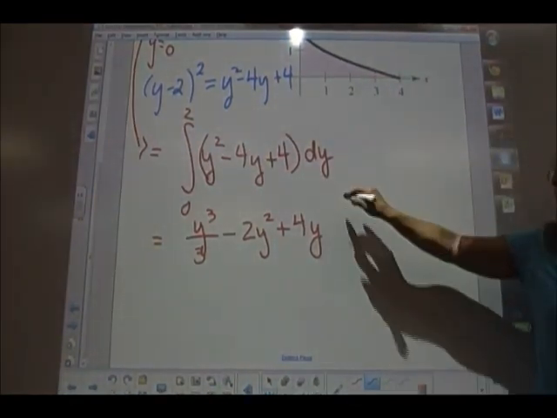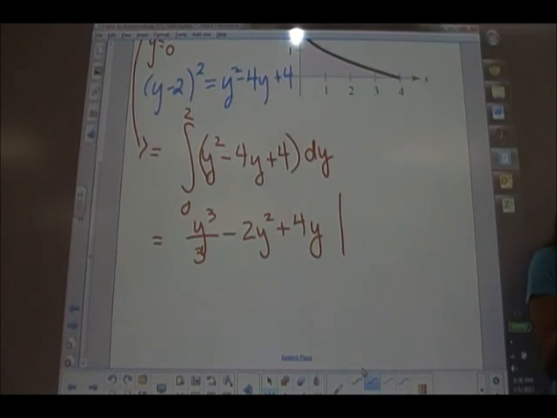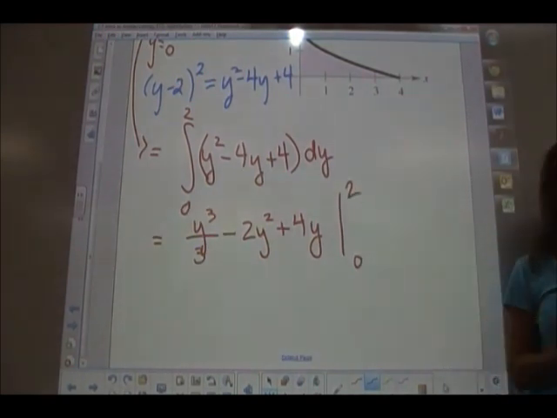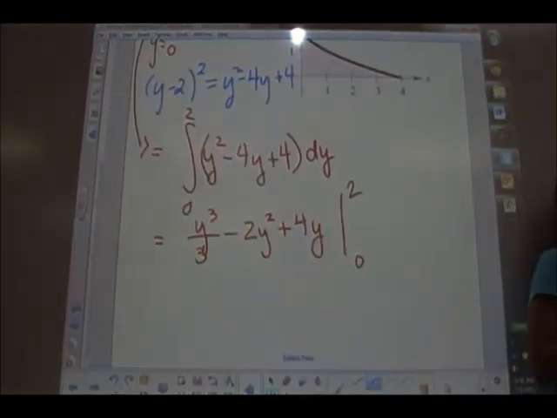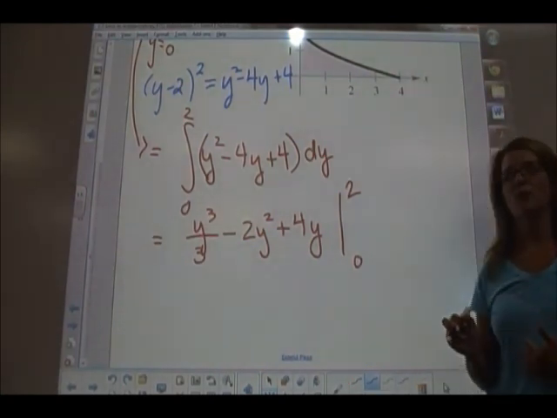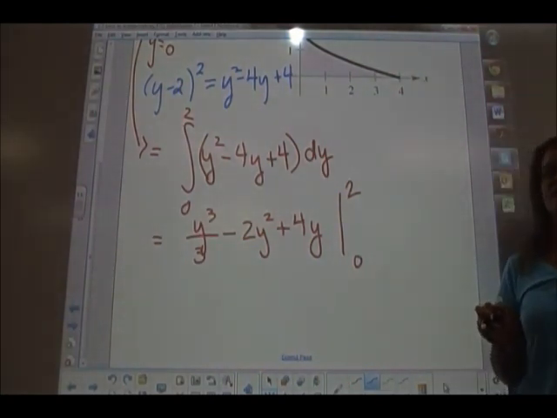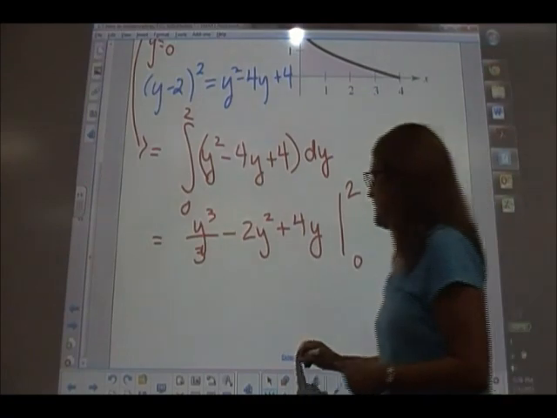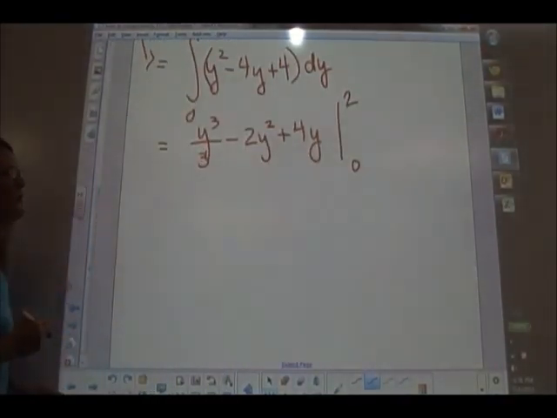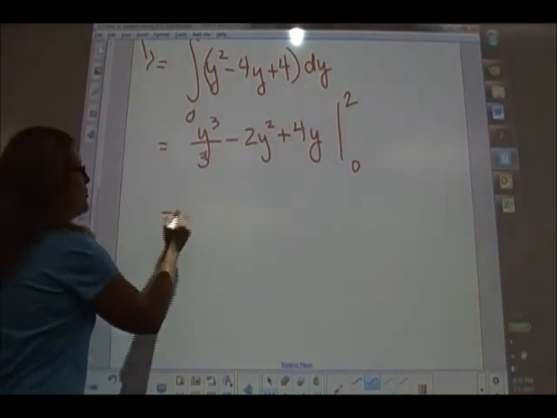Now I've used the sheet to find my antiderivatives, and I am evaluating that from 0 to 2. My integral symbol disappeared because I used the antiderivative formulas to find the antiderivatives. That's when the integral symbol disappears. Which one am I plugging in first, the 2 or the 0? The top first.